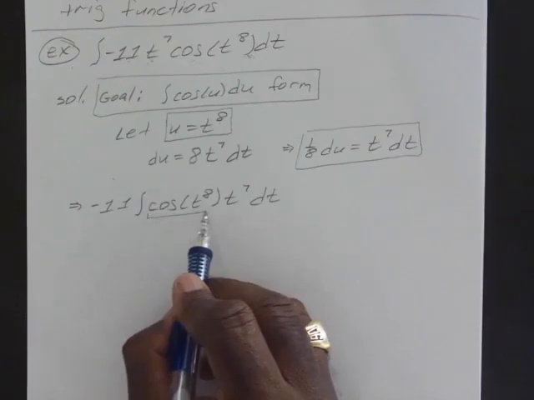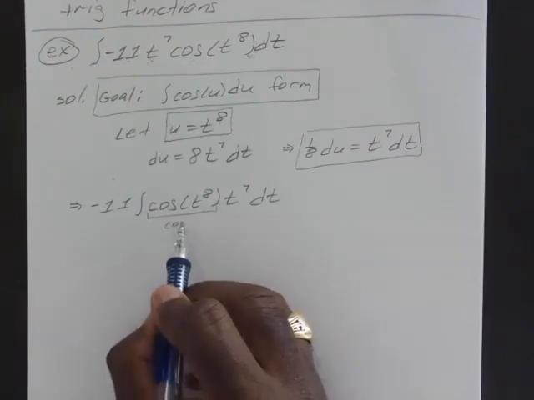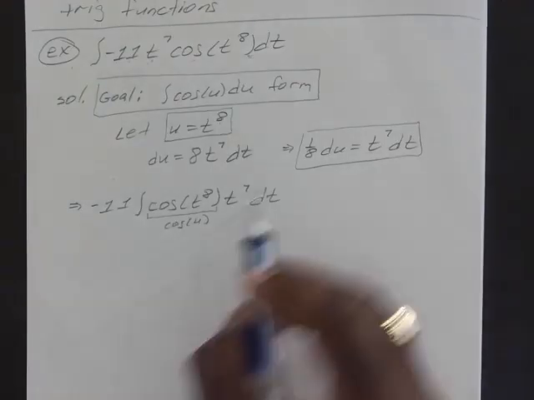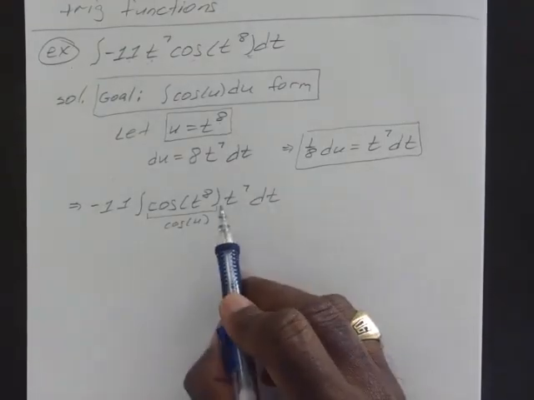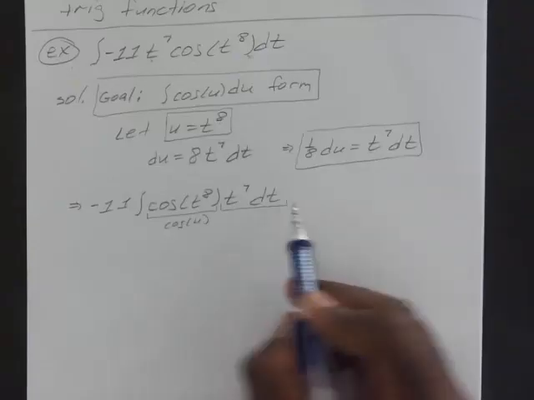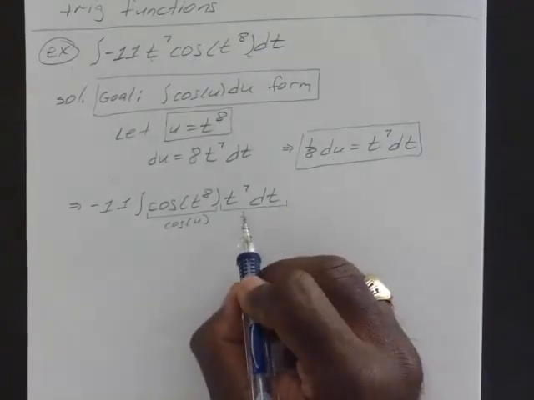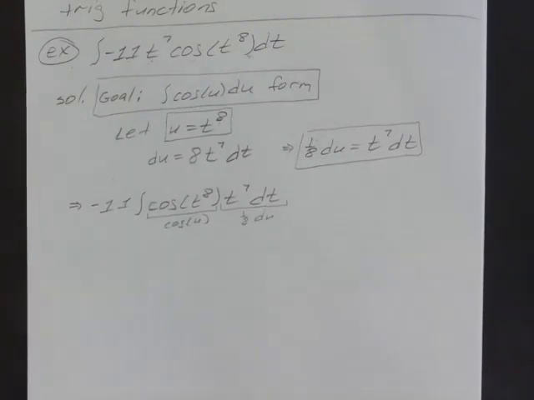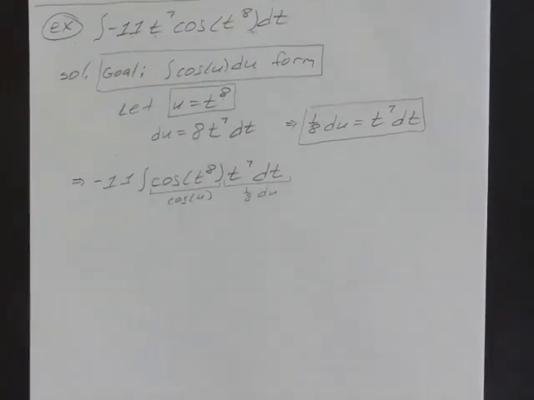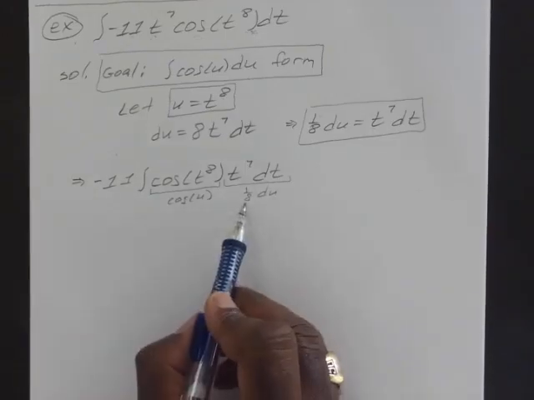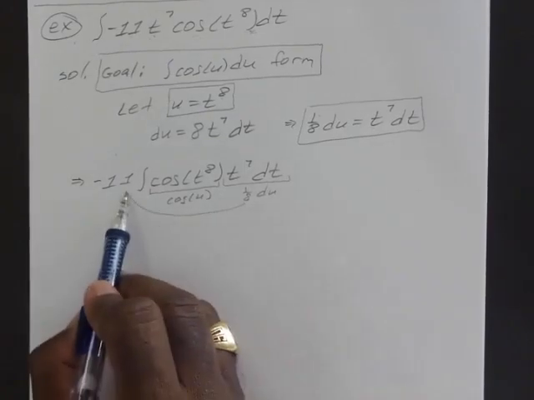So this will just become cosine of u. And t to the 7th power dt, that becomes 1 over 8 du. So again, that 1 over 8, we can just factor that right out to the front.